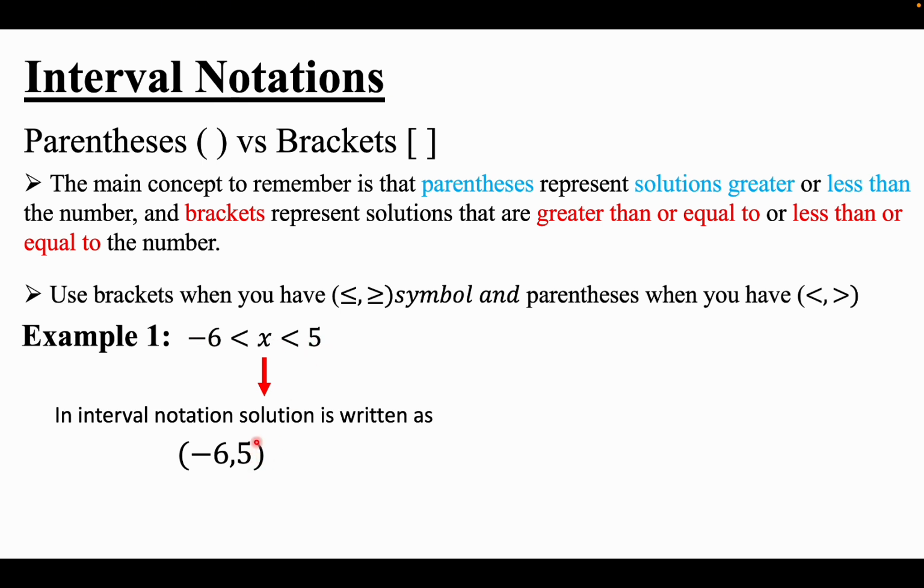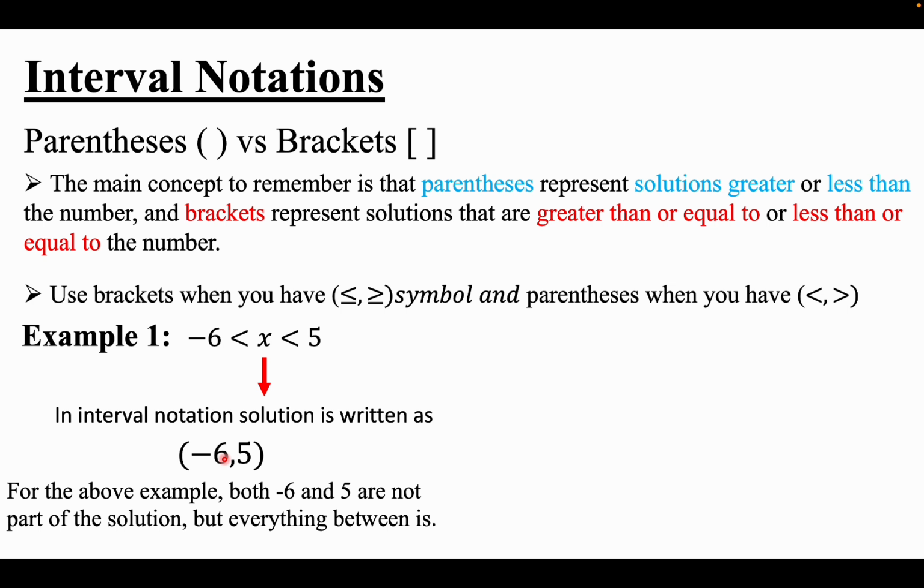And again, having a parenthesis around those numbers means the numbers negative 5 and 5 are not part of the solution, but every number between them is part of the solution. Second example, we have x is greater than or equal to 2, but then less than 9.